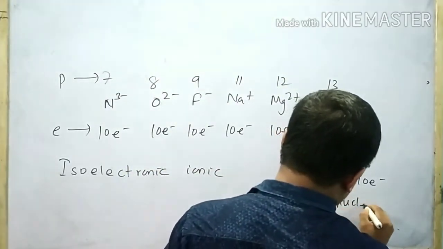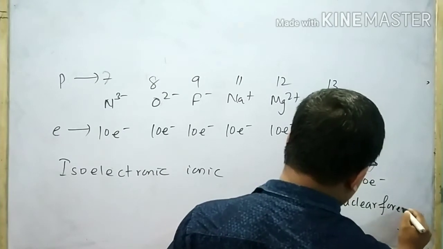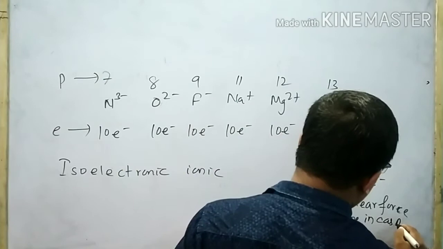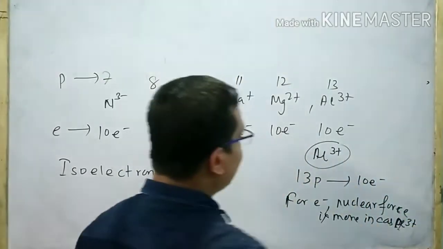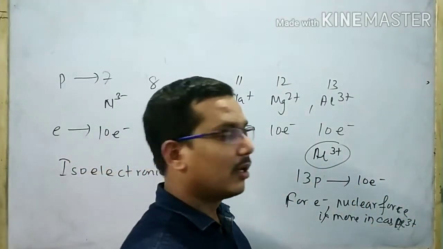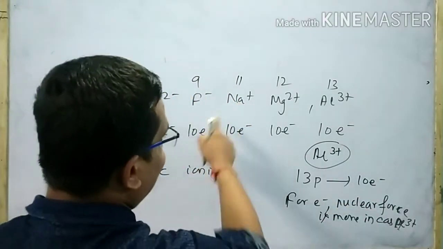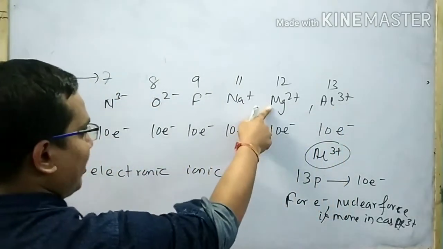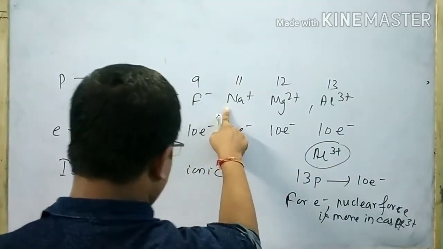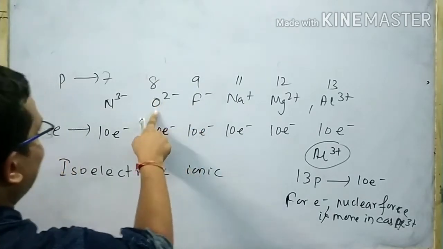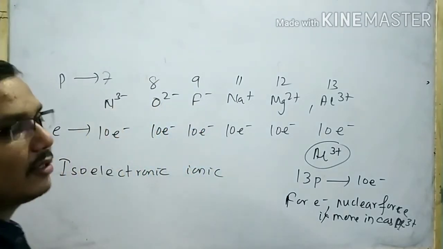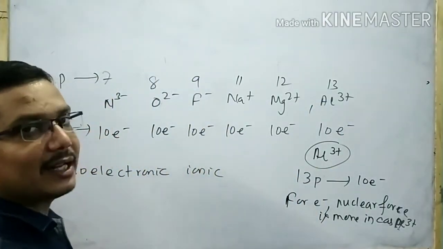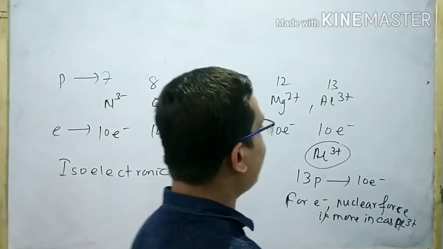The nuclear force is more in Al3 plus, because Al3 plus has 13 protons but only 10 electrons. That is, Al3 plus has more nuclear charge as compared to Mg2 plus, Na plus, F minus, O2 minus, and N3 minus. So the Al3 plus ion has less ionic radii as compared to all.